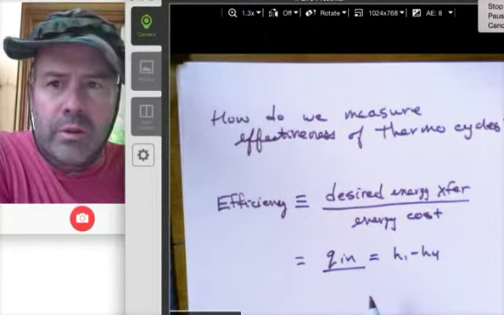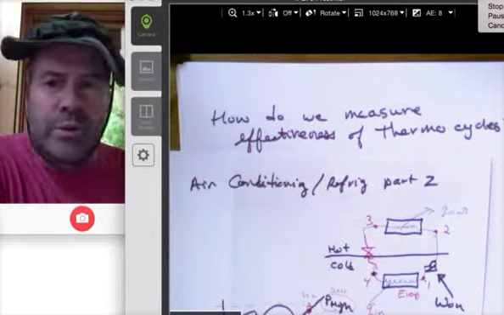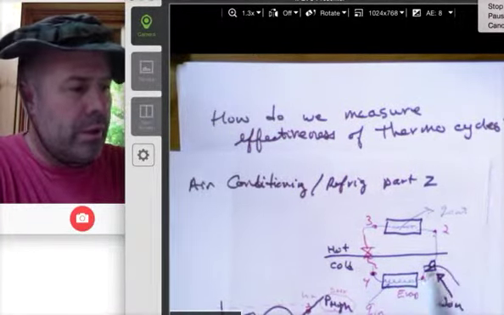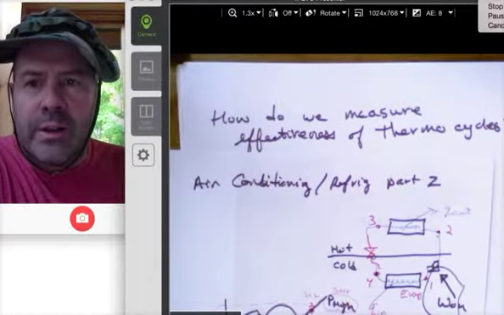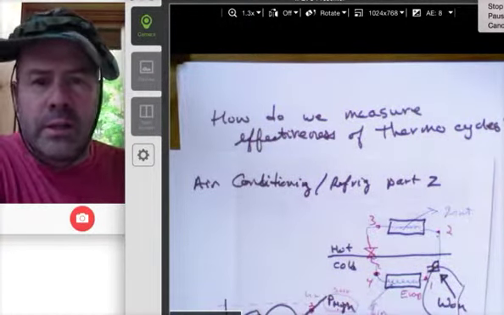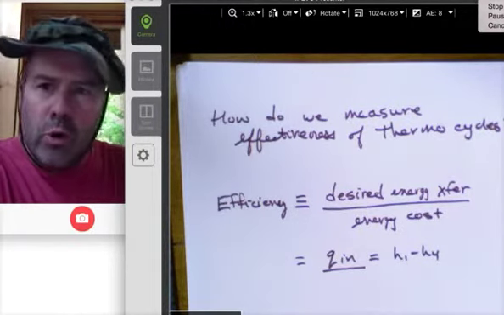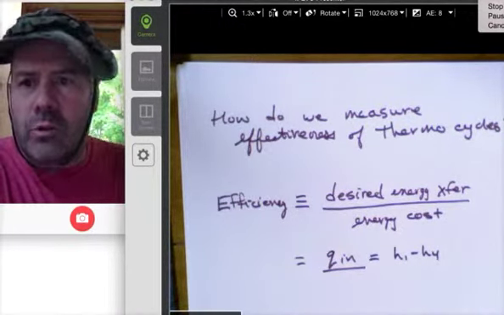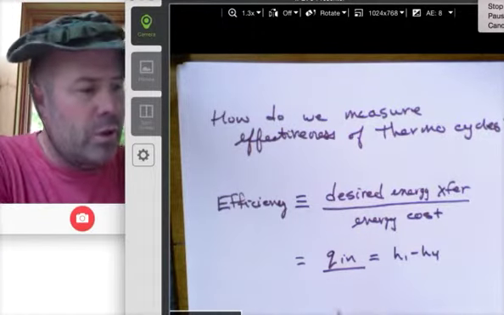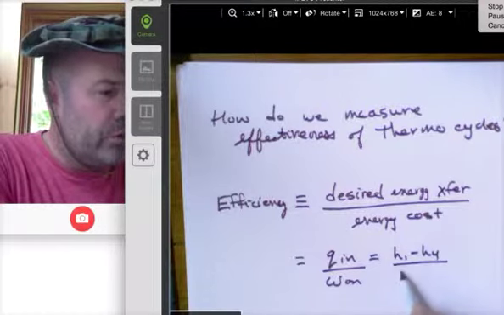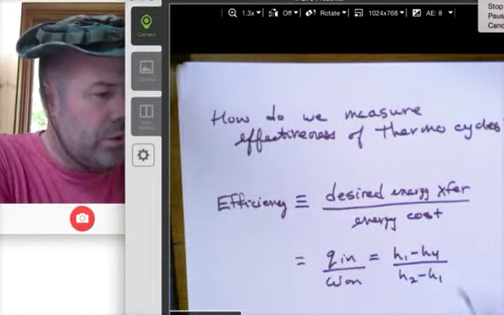What does it cost? Which of those things do we have to pay for? Work on. Our refrigerator is plugged into the wall. That's the work that's being done. Our air conditioning cycle in our cars is hooked up to the electrical system. That's what we pay for, so work on. And we decided that that was H2 minus H1.